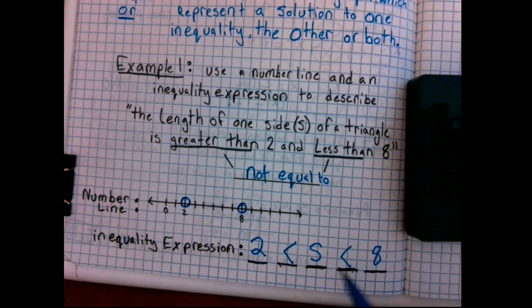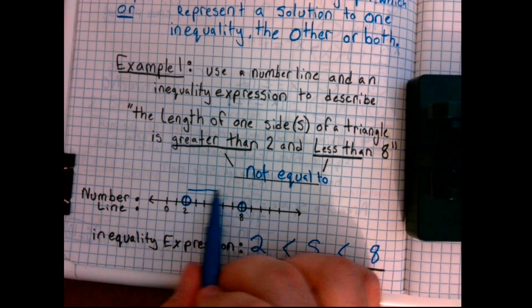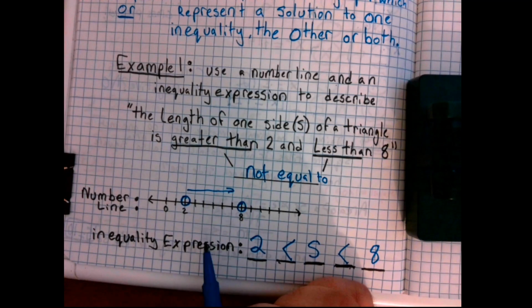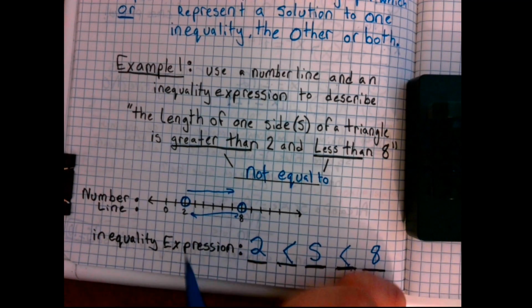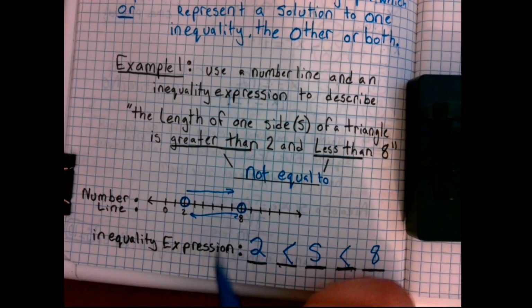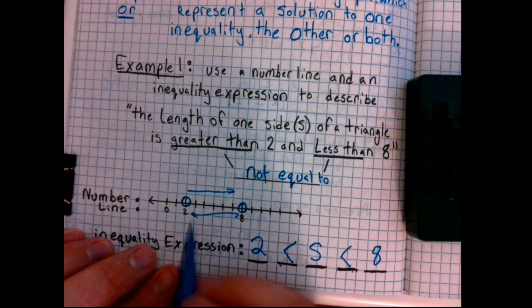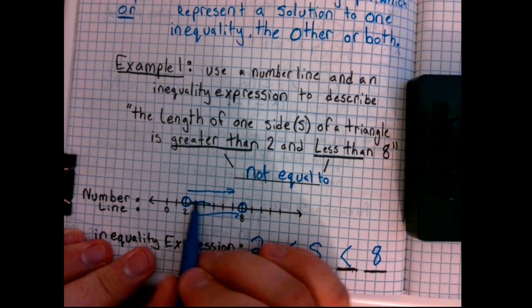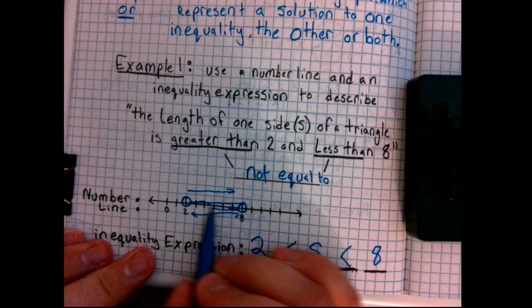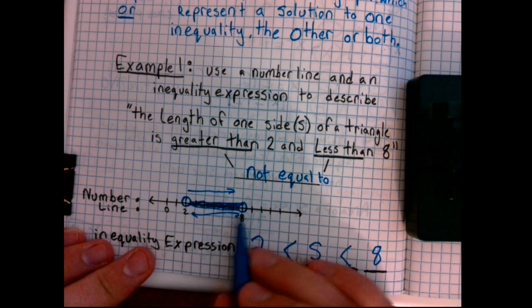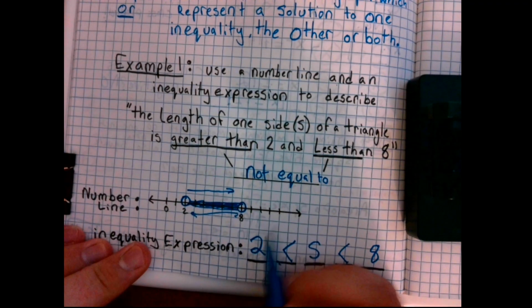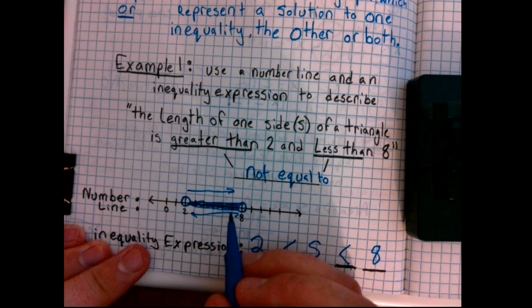And when we're graphing this, if I have numbers which are greater than 2, it'd be to the right. If I had numbers which are less than 8, it'd be to the left. So the graph of this inequality is going to include everything in between 2 and 8, because these are the numbers which are both greater than 2 and less than 8.